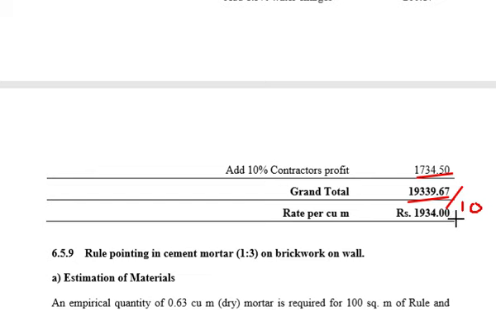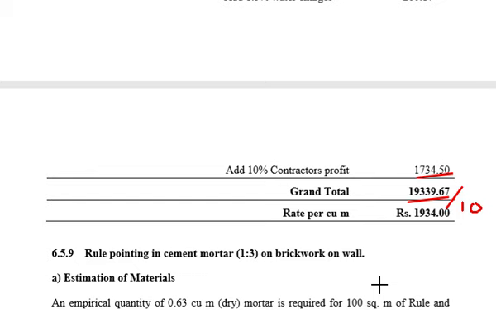So the total is 17345. Add an additional 1.5% for water charges and 10% for contractor profit. After adding the water charges and contractor profit, the total cost is 19339.67.